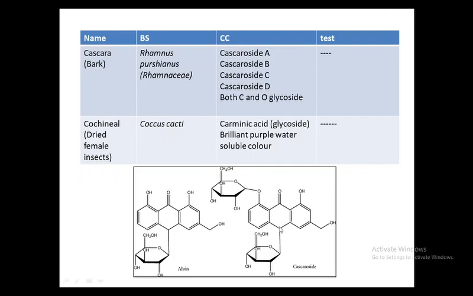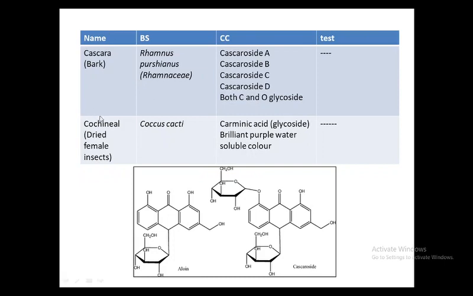Here you can see in the structure, right, first, a sugar molecule is attached to the carbon atom of the anthraquinone ring, that is C-glycoside, whereas another sugar molecule is attached with the oxygen atom of the ring. Means this cascara contains both C as well as O glycoside, that is cascaroside.